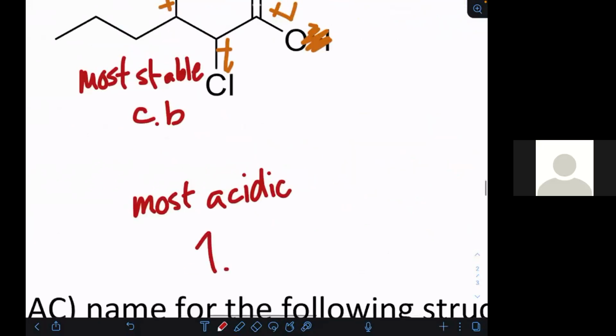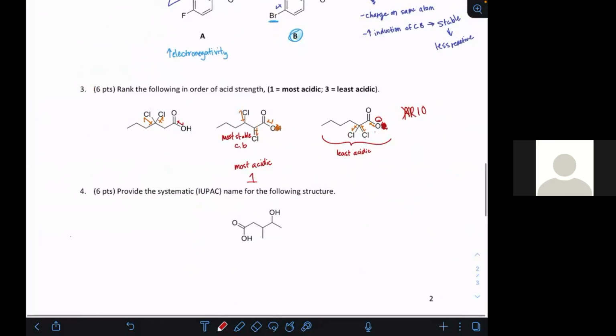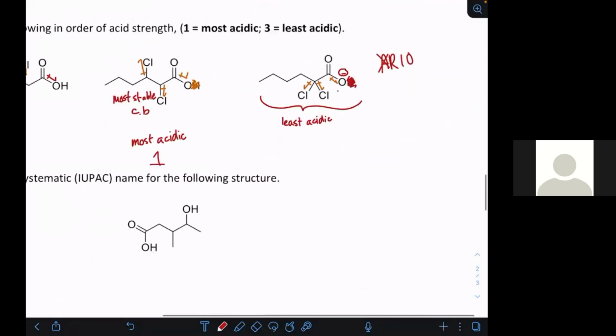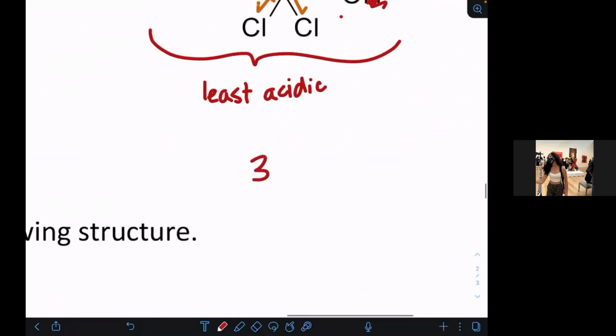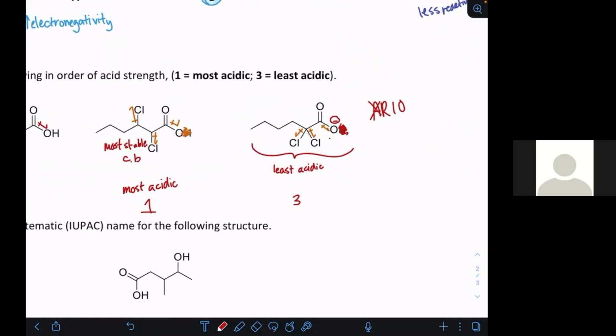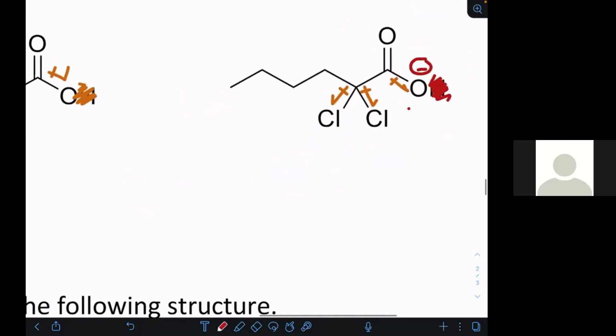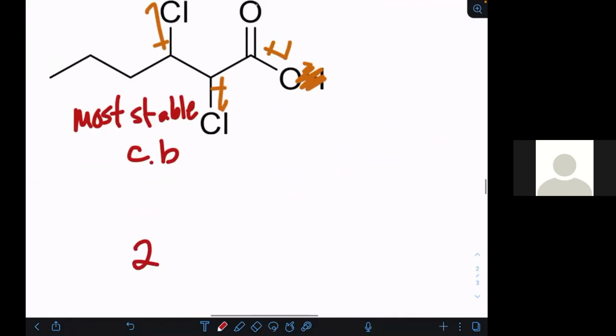The first one from the right side is the most acidic, number 1. Sorry, but this one is number 1? Yes. The middle one is 2, and the other is 3.